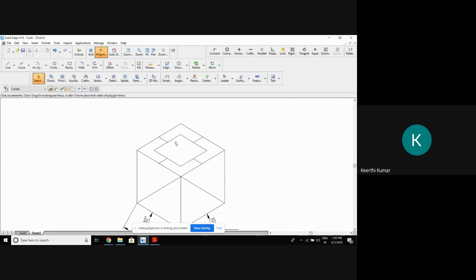I want only this inside box, because I want to do something in this inside box. Rub everything except this inside box.